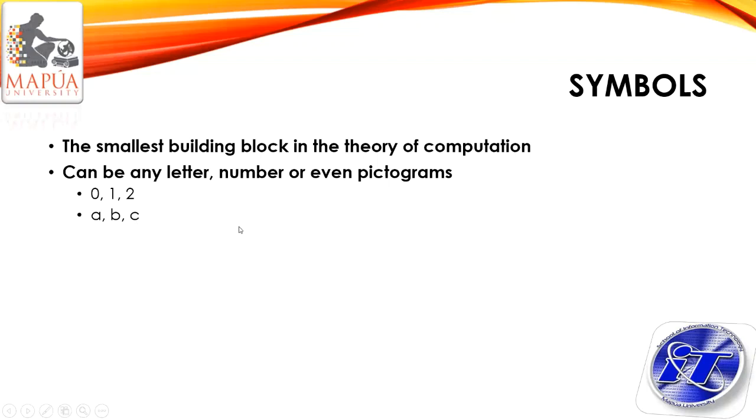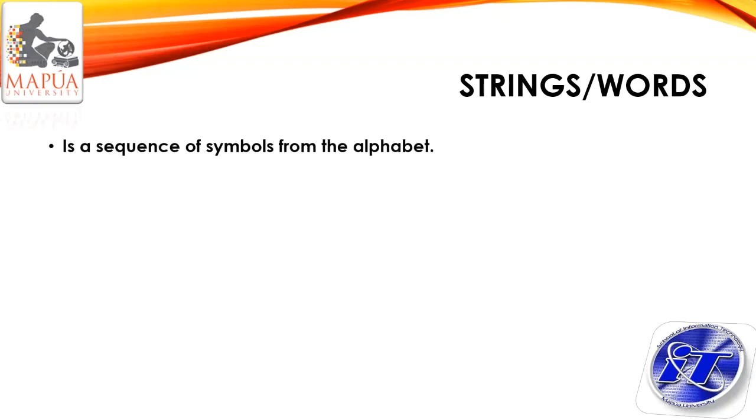And the collection of symbols that defines the only input accepted by the machine, we call it alphabet. And we use sigma to represent the collection of input for a machine. So for example, the collection could be {A, B} or {D, E, G, H}. While strings and words are sequences of symbols defined in the alphabet.